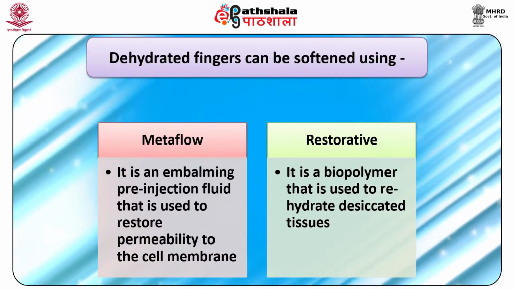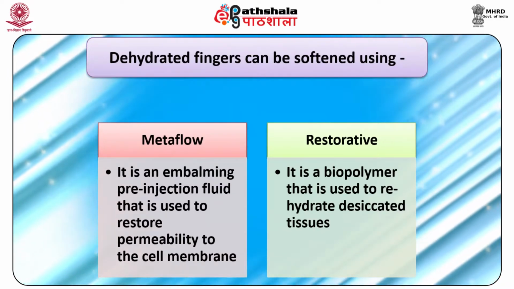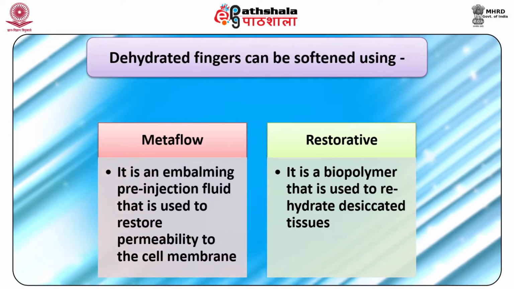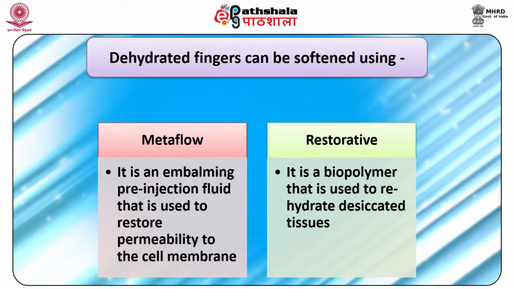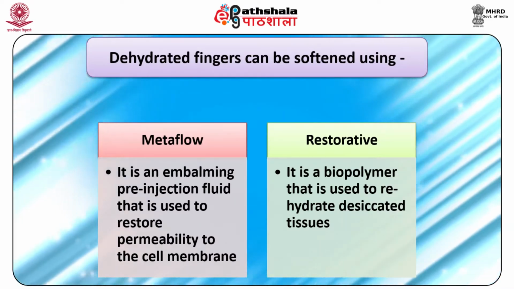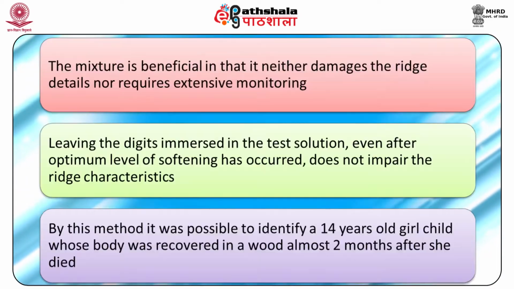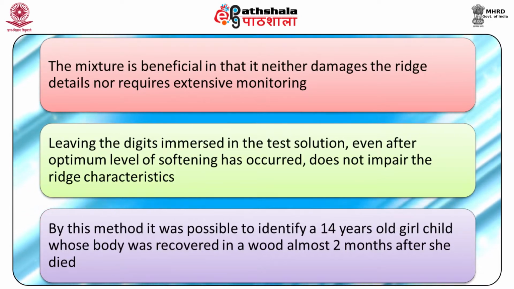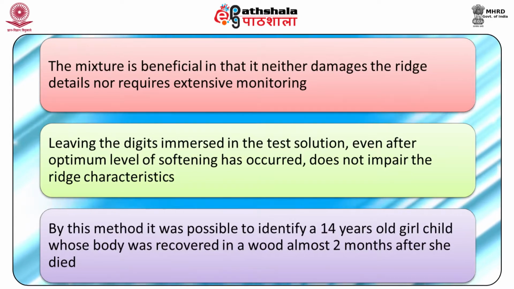The former is an embalming pre-injection fluid that is used to restore permeability to the cell membrane, while the latter is a biopolymer that is used to rehydrate desiccated tissues. The mixture is beneficial in that it neither damages the ridge details nor requires extensive monitoring.